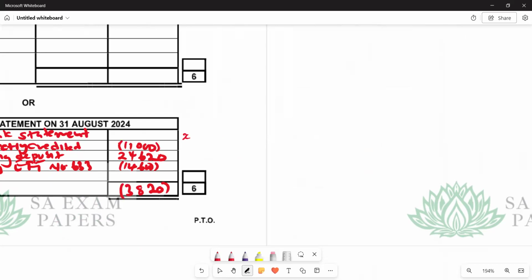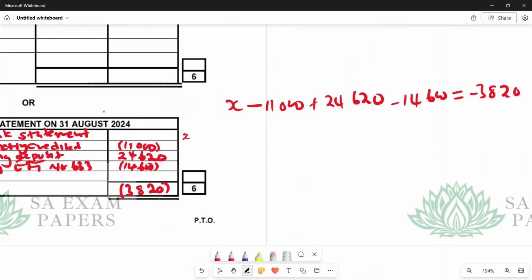If you say X minus 11,000 plus 24,620 minus 14,600, you are going to get negative 3,820. So to make X the subject of the formula, that's how we can find this figure.